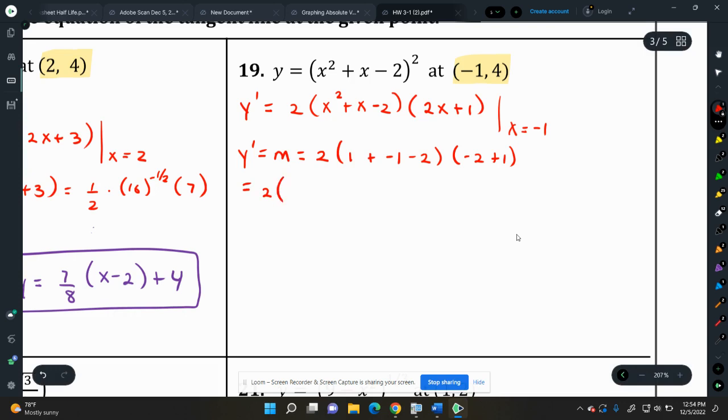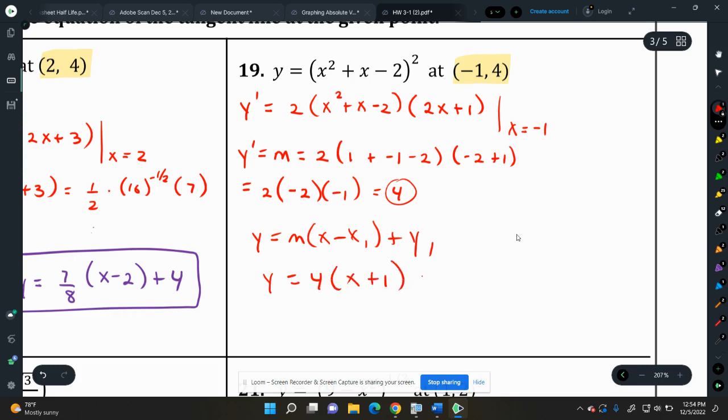So that's going to give me 2 times negative 2 times negative 1, which gives me a positive 4. There's my slope. Okay, so y equals 4 times (x plus 1) plus 4. And we're done.